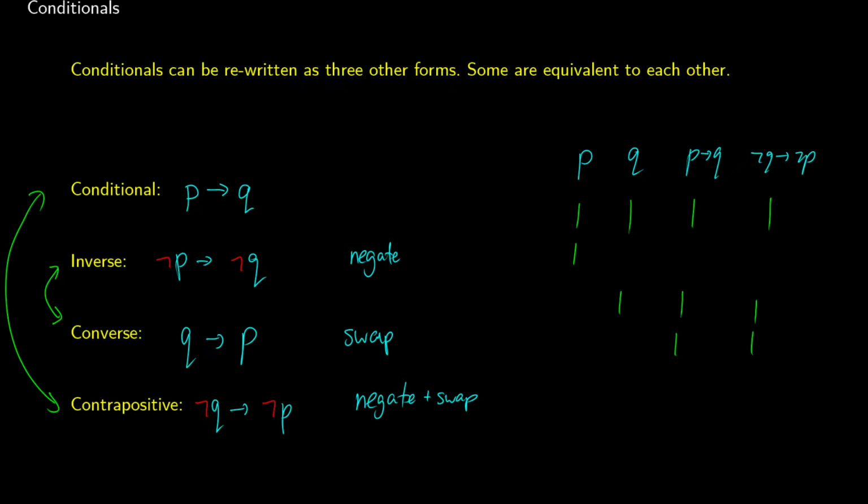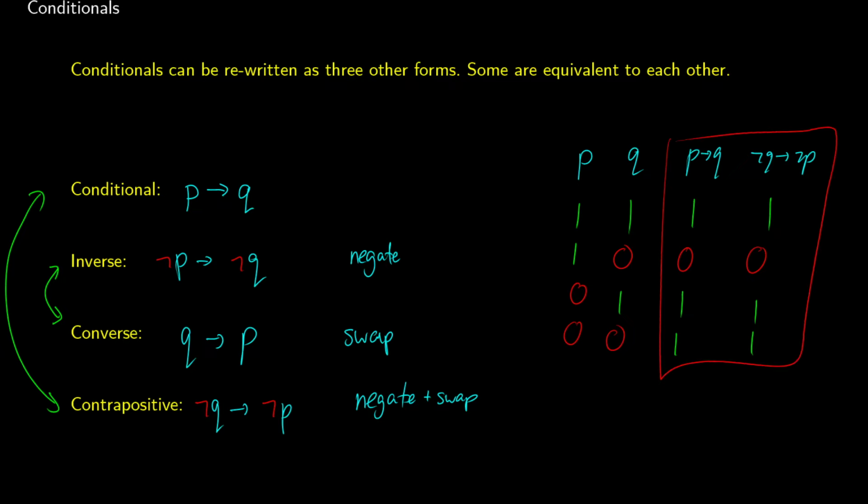Our final result for both of these truth tables is going to be the same. You can verify that for yourself if you'd like, but the values are the same, so the conditional and contrapositive are equivalent to each other.